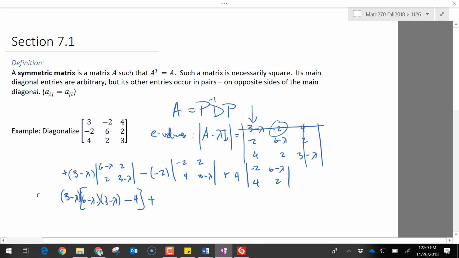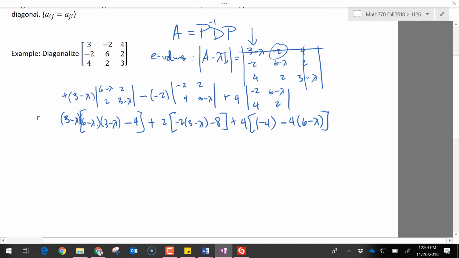Then plus 2 times the quantity negative 2 times 3 minus lambda, minus 8, plus 4 times the quantity negative 4, minus 4 times 6 minus lambda. Okay so far? I hope.